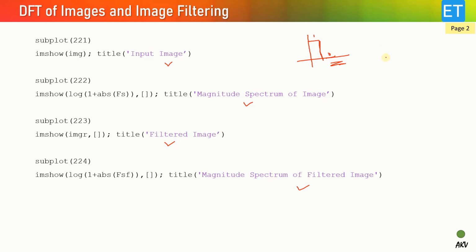This is in accordance with the Gibbs phenomenon. If you have an idea of the Gibbs phenomenon, it says that at the edges, there are heavy oscillations of the function. So the same is visible here.